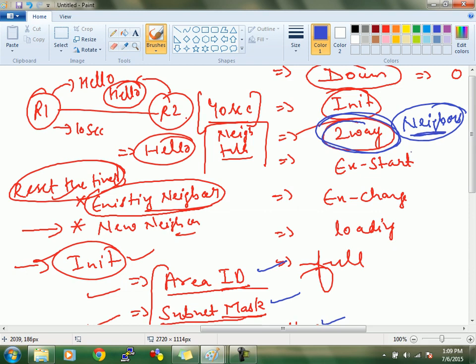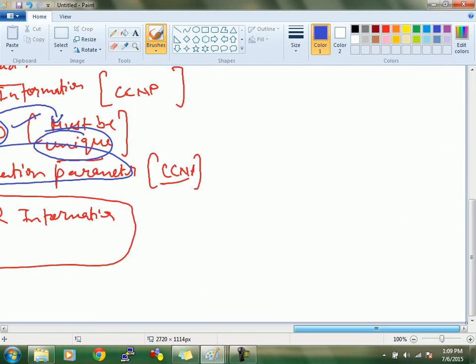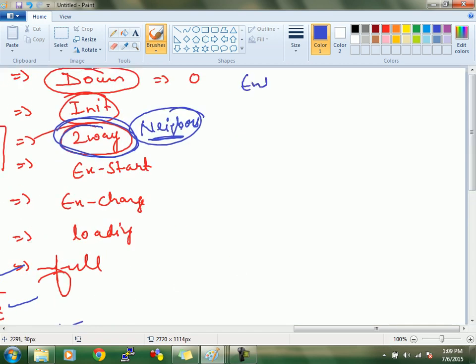After becoming neighbors, now there comes a time when they have to exchange database. So what they will do? In ExStart state, what first thing will happen?